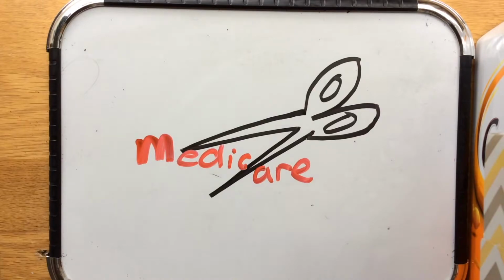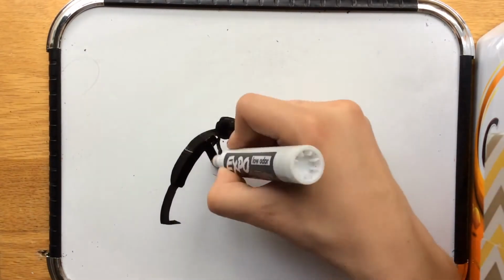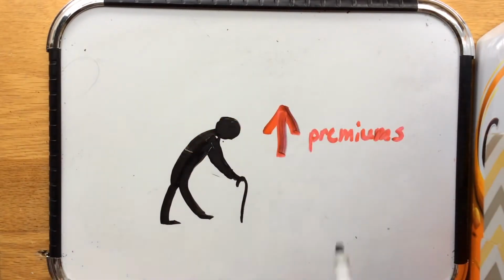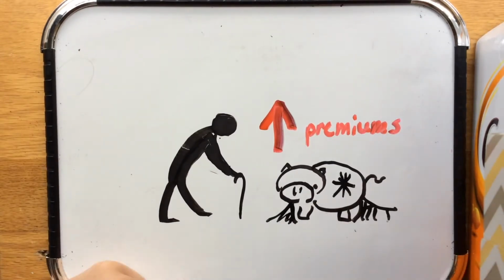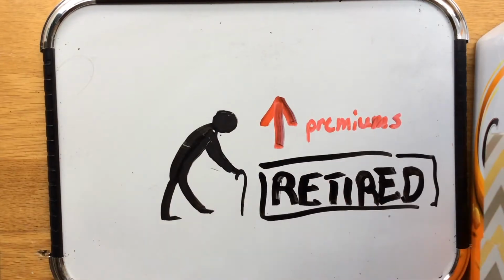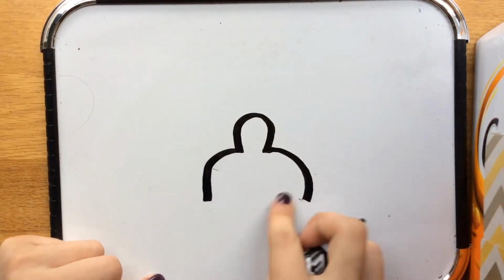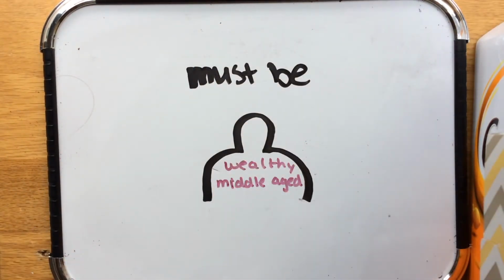Medicare is essential because if you're an elder person and you didn't save a lot, or you've been in the lower class and were unable to save a lot of money, your bank account is not going to have a lot. It's going to have cobwebs, because they're retired. So how are they supposed to pay? You must be wealthy and middle-aged and healthy if you're going to survive either of the systems.